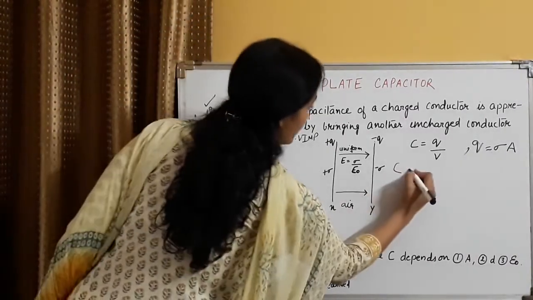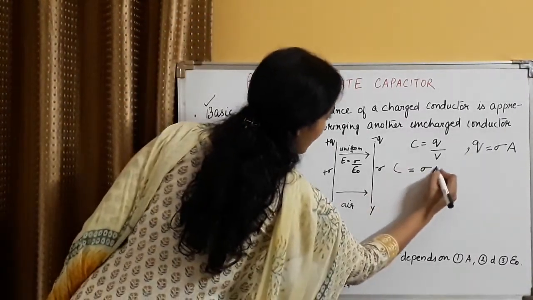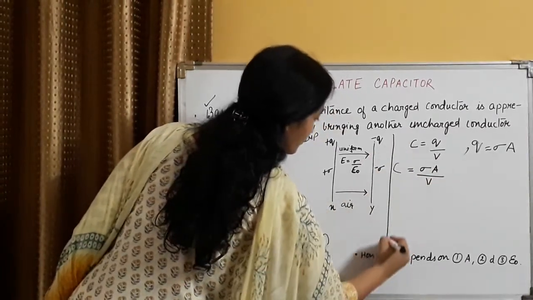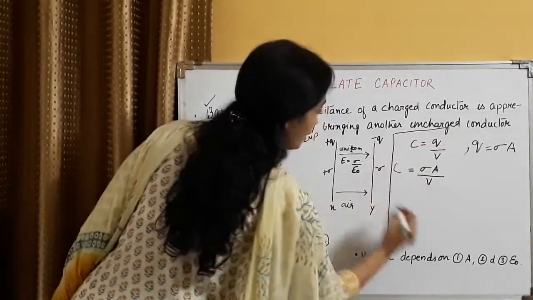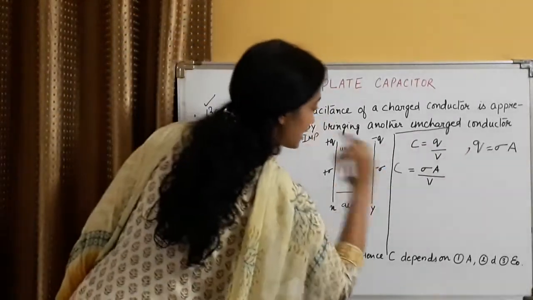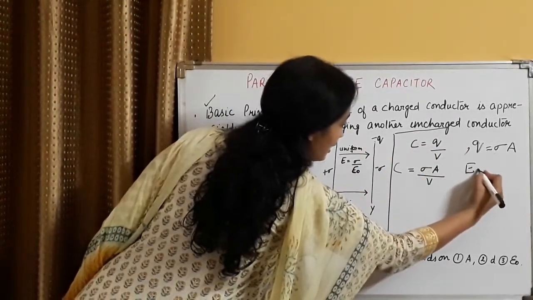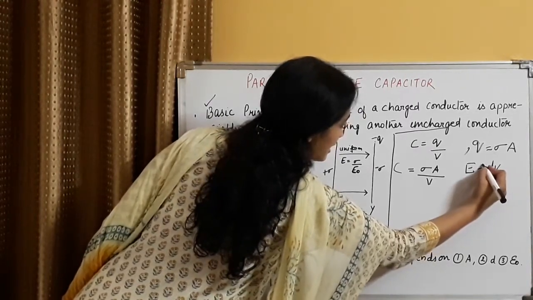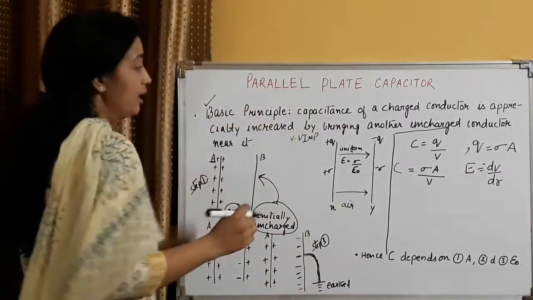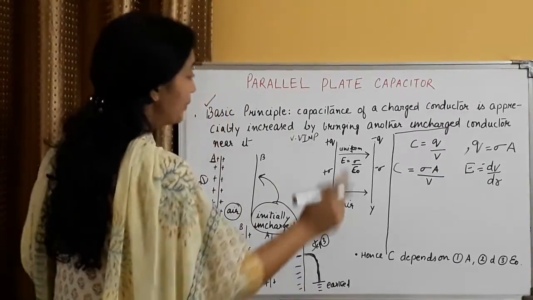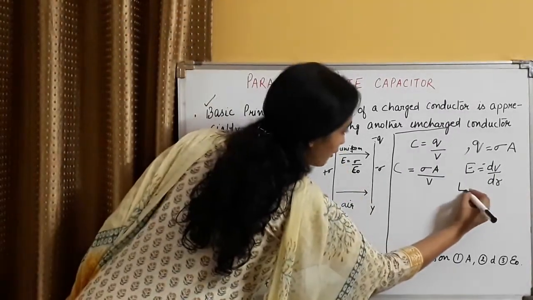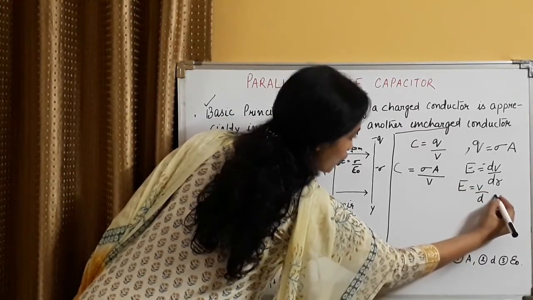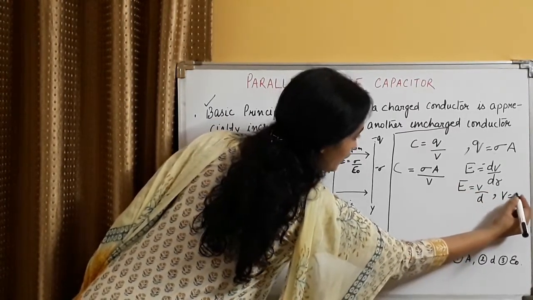So C can be written as sigma A upon V. We are doing this derivation. Now V: we know that electric field E is equal to minus dV by dr. Of course it has a negative sign which indicates the negative potential gradient, but here the field being uniform, you can write E is equal to V by d. So V becomes equal to E d.